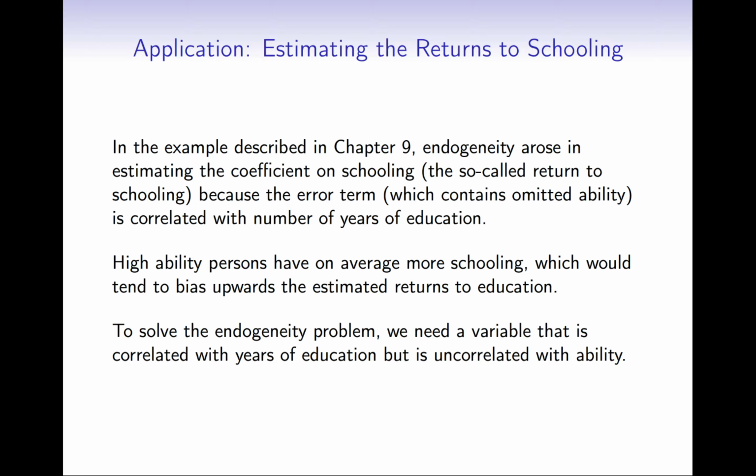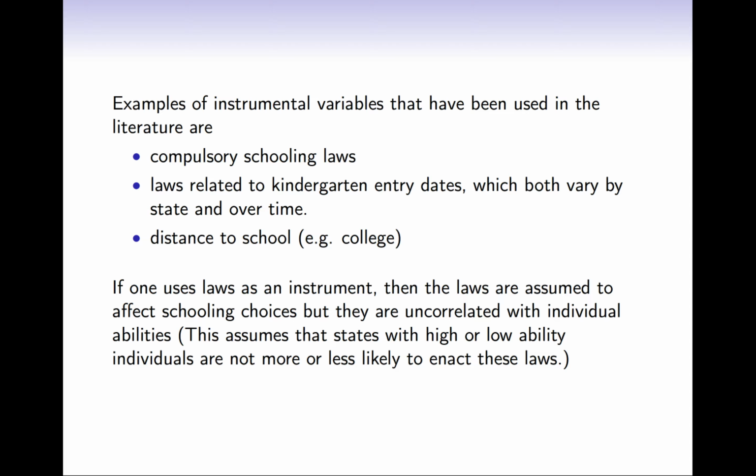So we need a variable that's correlated with years of education but uncorrelated with ability. Examples of instrumental variables that people have used in the literature are compulsory schooling laws.